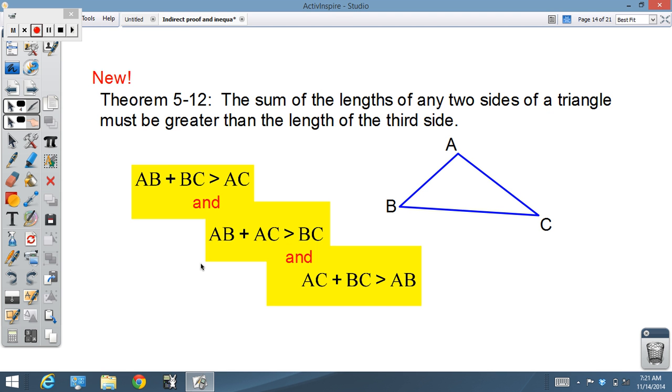All right, another new theorem. This one's really important now. Three sides of a triangle. Any two sides must be longer than the third side, okay?